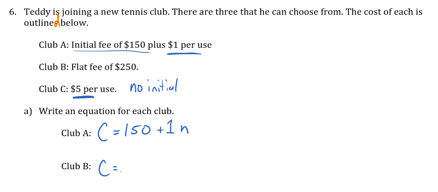C equals the initial fee, the flat fee, plus 0 N. Now, when I multiply by 0, it's gone. So in actuality, my real formula would look like C equals 250. That's it. The cost is 250. Flat. It doesn't change. So that actually makes sense when you think about it that way. But if you like, you could write it like that, and that would be fine.